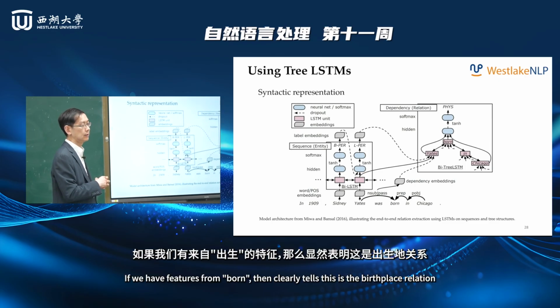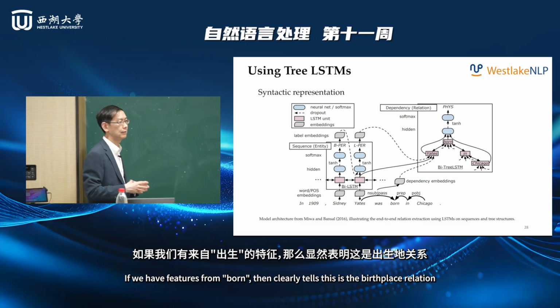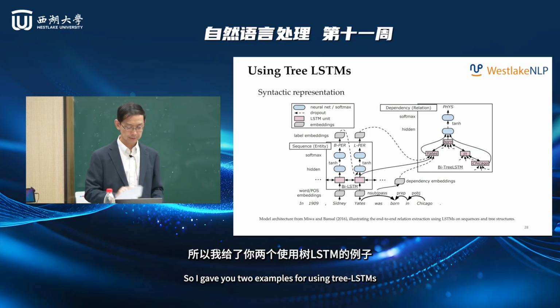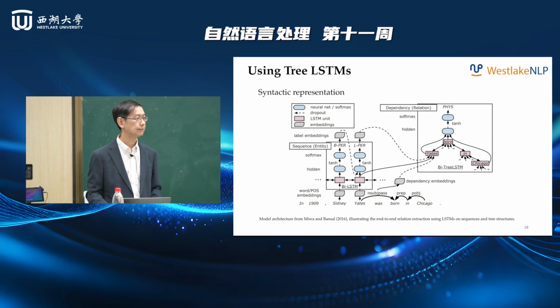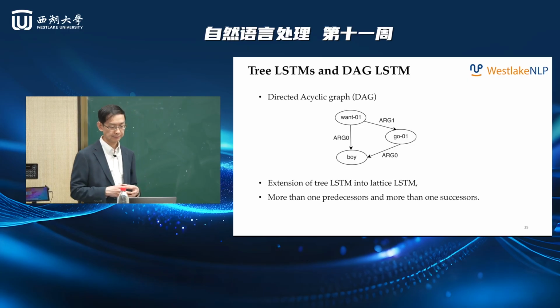So if we have features from "born", then it clearly tells this is a birthplace relation. All right. So I gave you two examples for using TreeLSTMs. Let's move on.